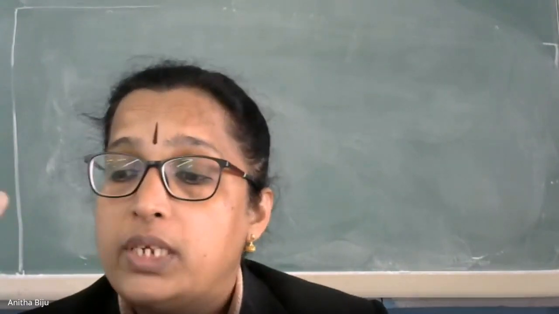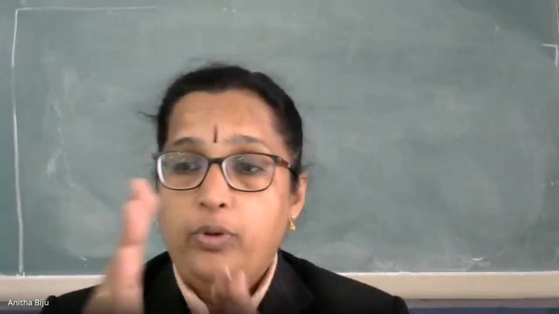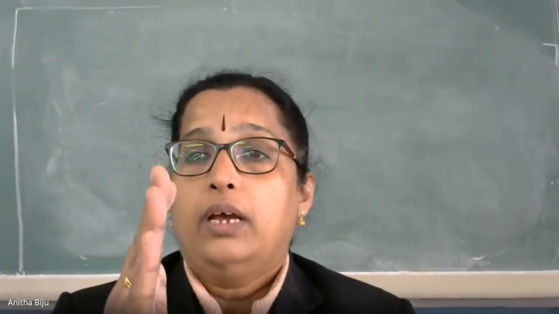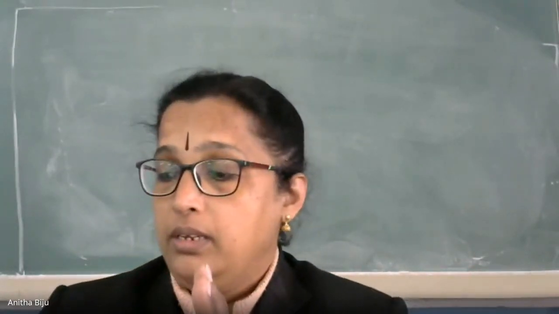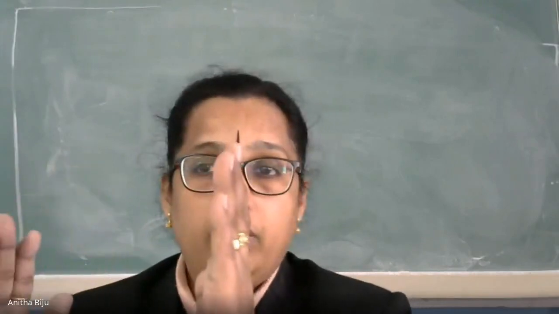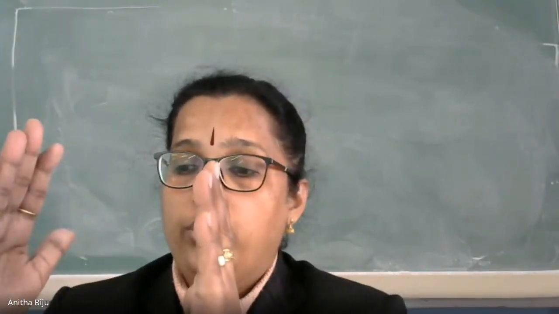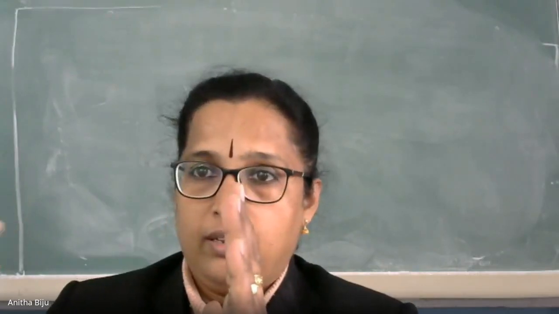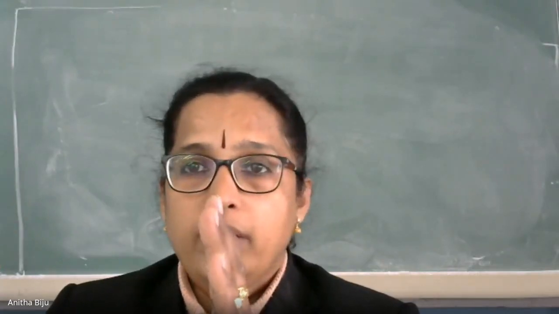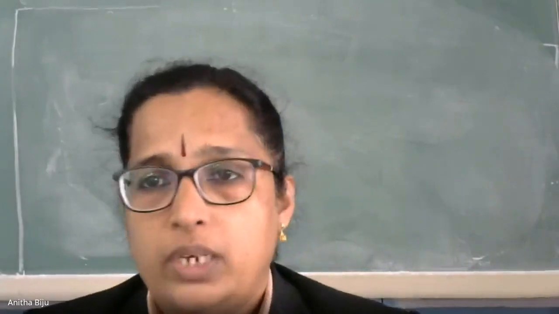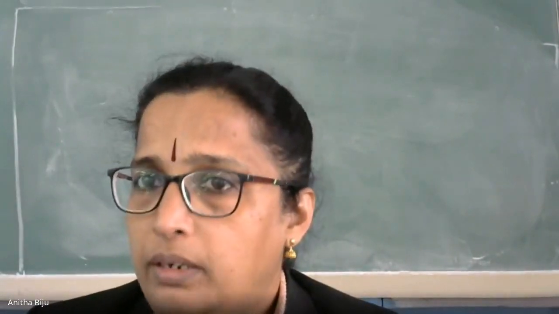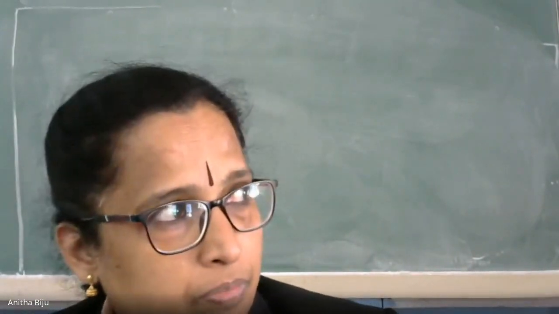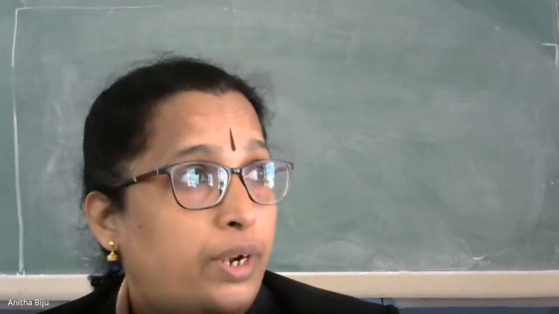A cardboard screen is put behind. Suppose this is the lens and the cardboard is placed this side. Adjust the position of the screen so that we get a clear image of that distant object, whether it is a window pane, a frame of window, or a tree.